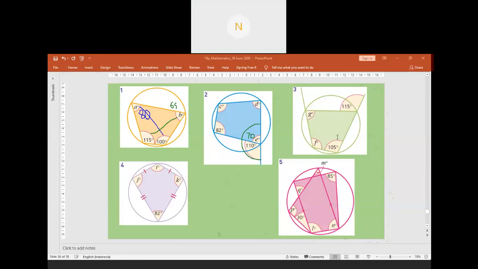Is there anyone who gets confused to find the F? No one? Okay, if no one gets confused, wait, do not talk. I will talk to some students first.